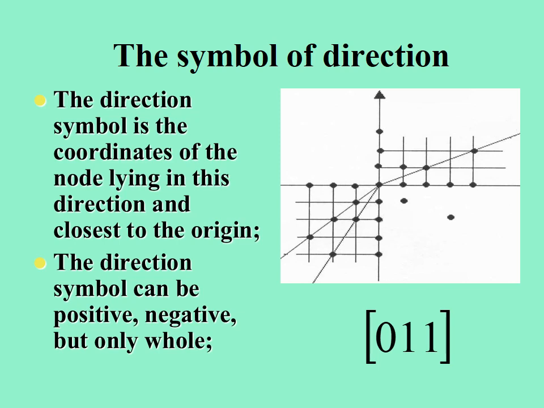The symbol of this unit is taken as the symbol of the series and is written in square brackets, [m n p], only integers. Obviously, this symbol describes a family of parallel series and parallel ribs of a polyhedron.